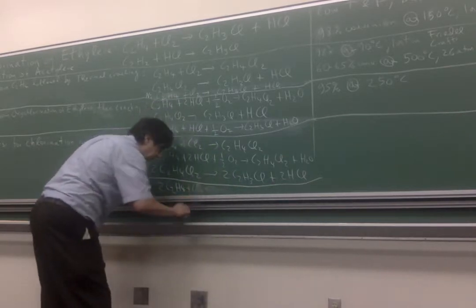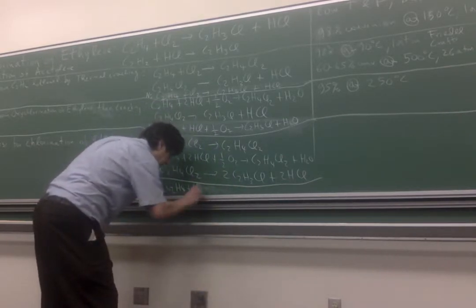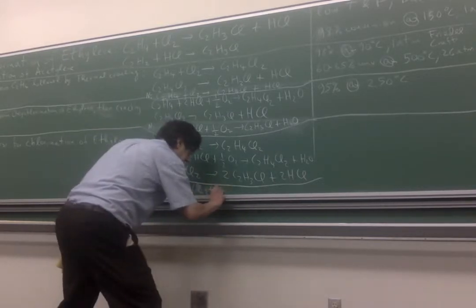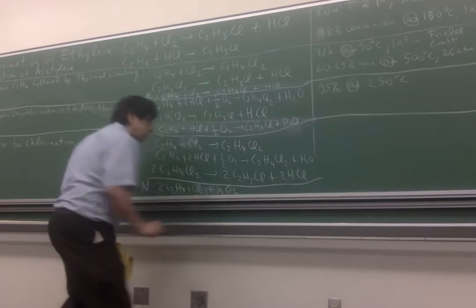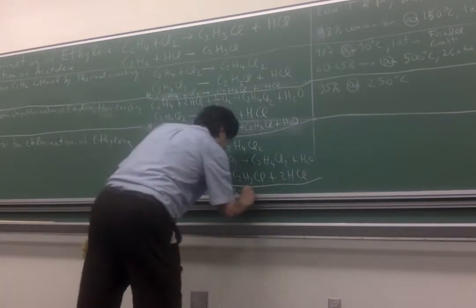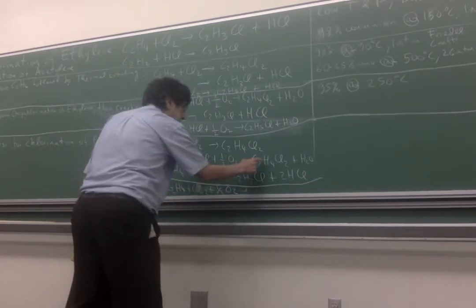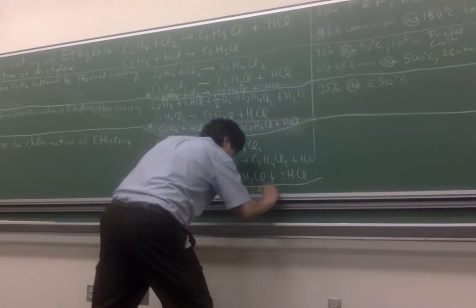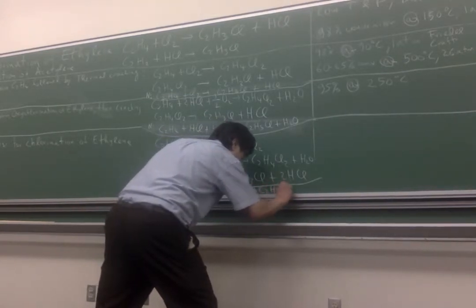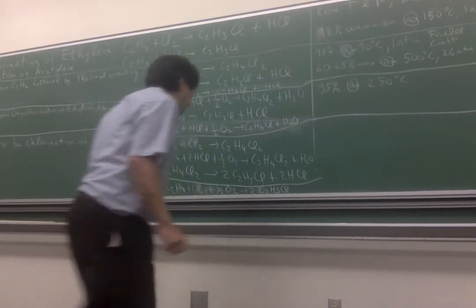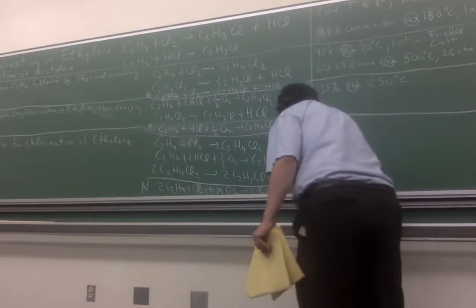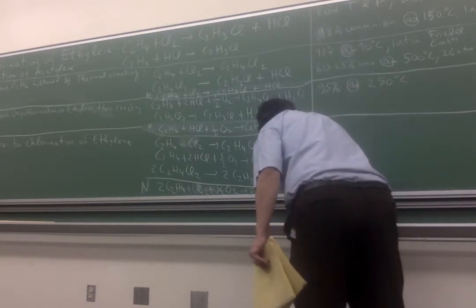Okay, my Cl looks a little bit like an O, so Cl2 plus 1/2 oxygen, and this will give me two vinyl chlorides plus one water.